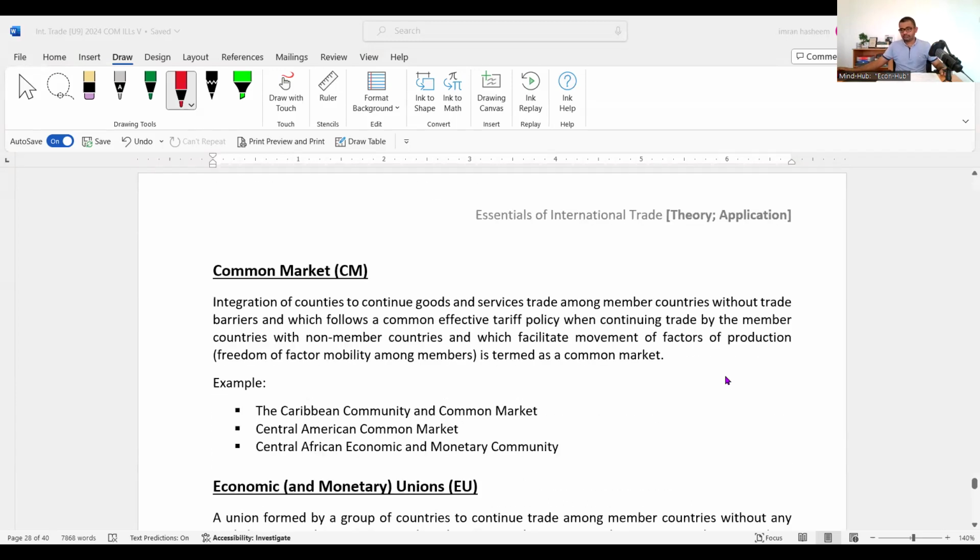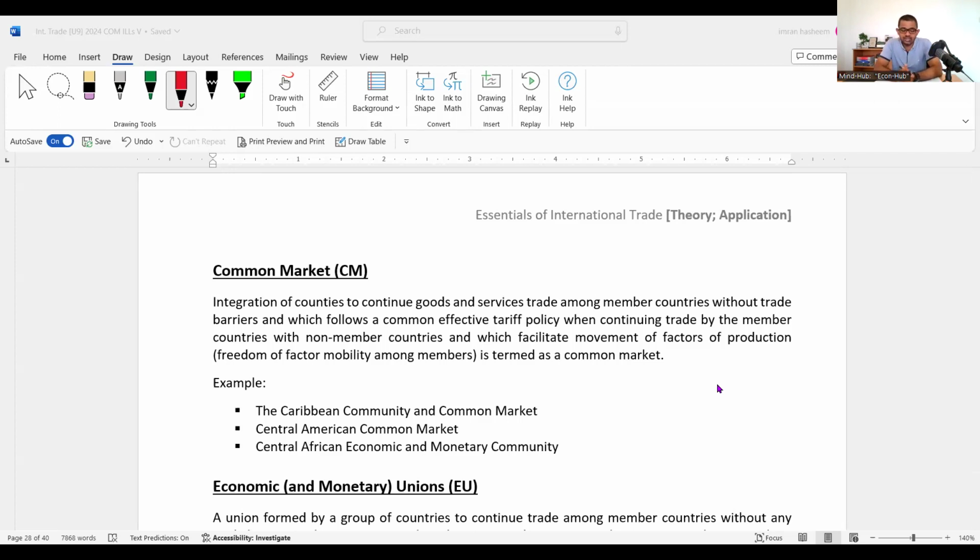Then, common market. The thing about a common market is that it is an extension. Now remember, these are stages. When we go from a PTA to a free trade agreement to a customs union, now to a common market, we are progressing. We are expanding our integration. We are becoming closer and closer when we go from one stage to another. The common market concept is a customs union taken to the next step.